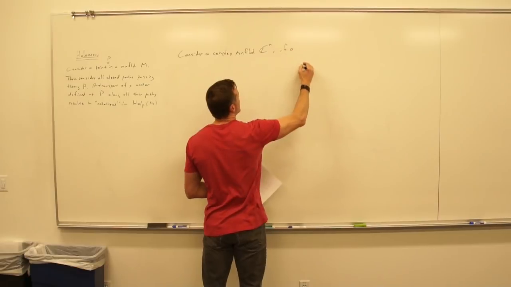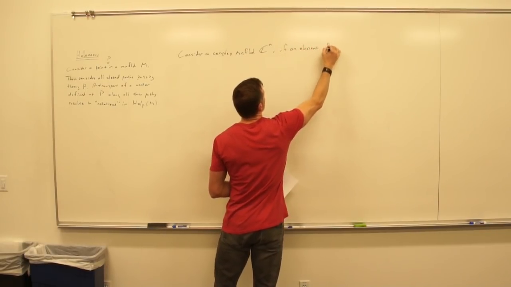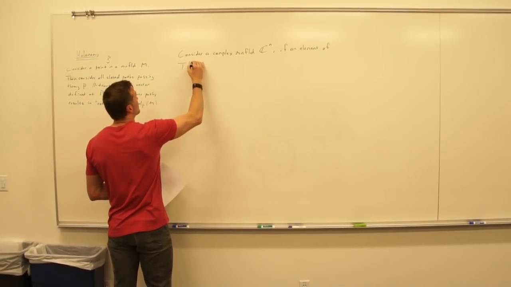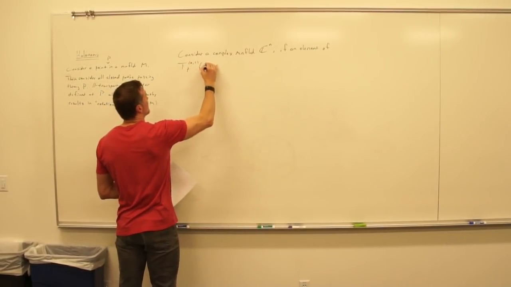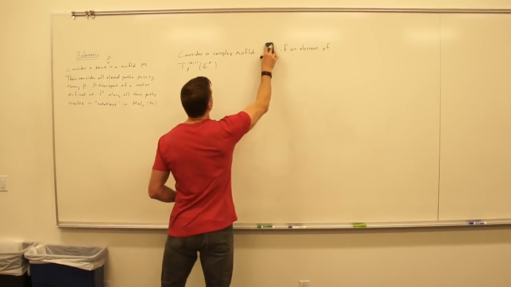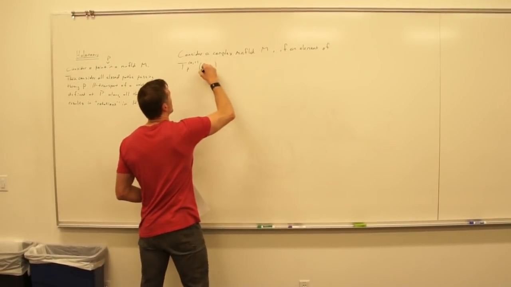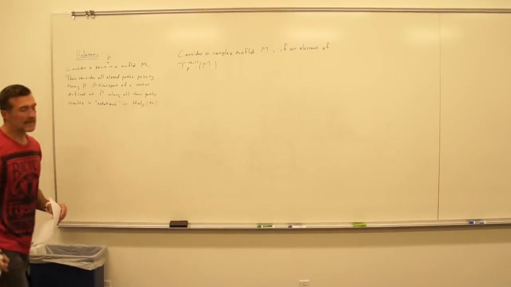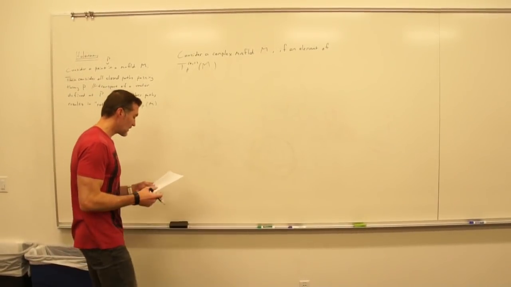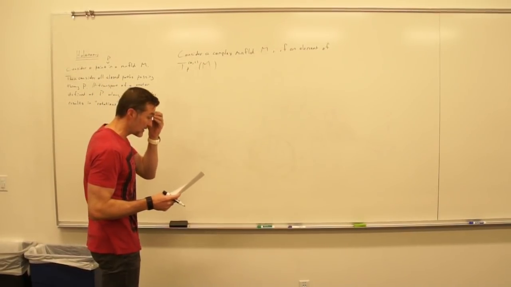If an element of T_P^{1,0} of the manifold, and this is absolutely not correct to say Cn. Cn is a complex manifold, but it's the trivial complex manifold. So a complex manifold always locally looks like Cn.